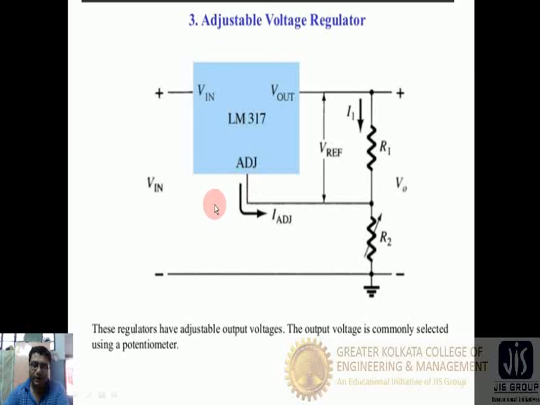Here we can find a potentiometer. This potentiometer adjusts the adjust pin potential of the IC, and we can get the regulated voltage according to this adjust voltage of the IC. It is the LM317. It is also a famous adjustable voltage regulator IC, easily available in the market.